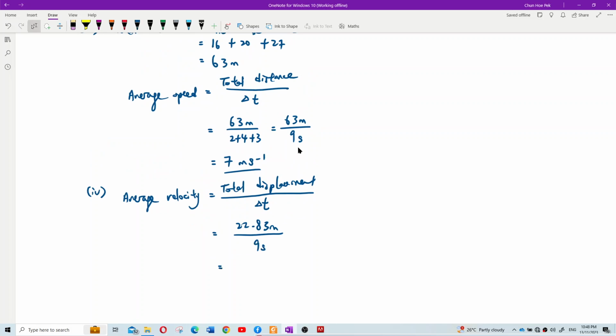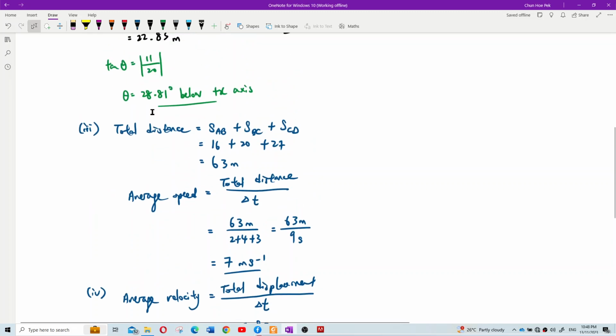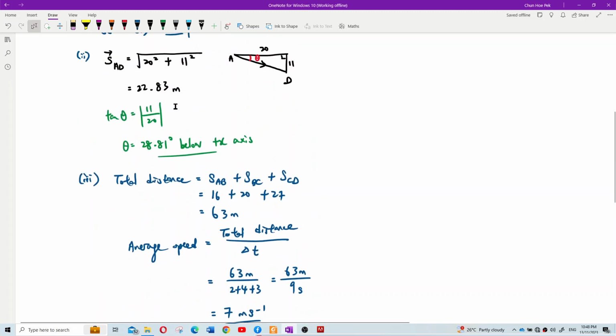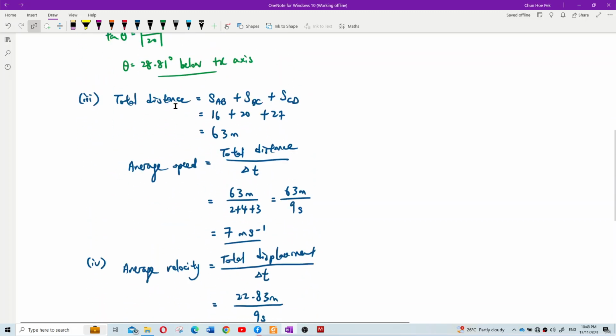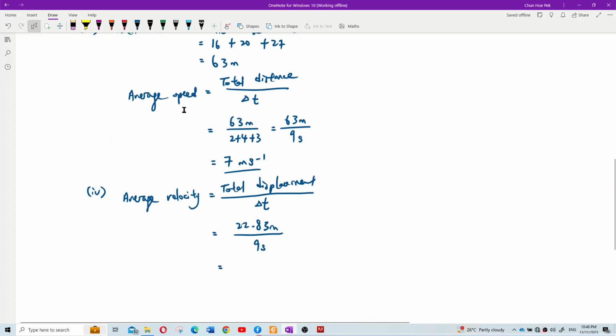Let's find it. 22.83, isn't it, class? Yeah, 22.83. Divide by 9, I got 2.54 meters per second. In what direction, class?